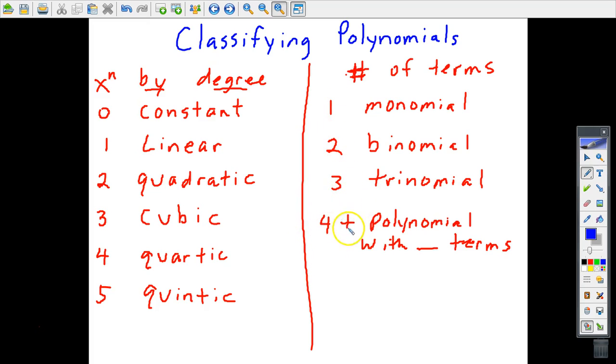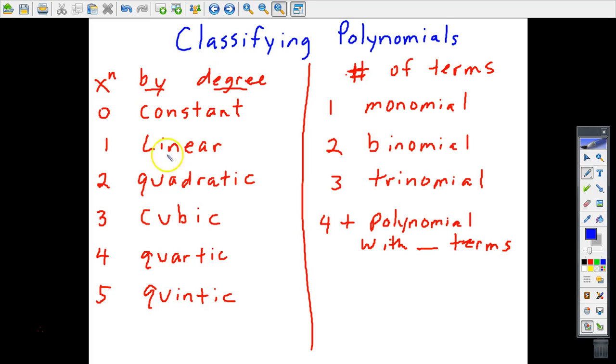But if the polynomial contains 4 or more, then we're just going to say that it's a polynomial with that many terms. For example, if I end up with a polynomial that has 7 terms, and I'm asked to classify it by the number of terms, then I would just say this is a polynomial with 7 terms. If the polynomial had 3 terms, then I would say trinomial.